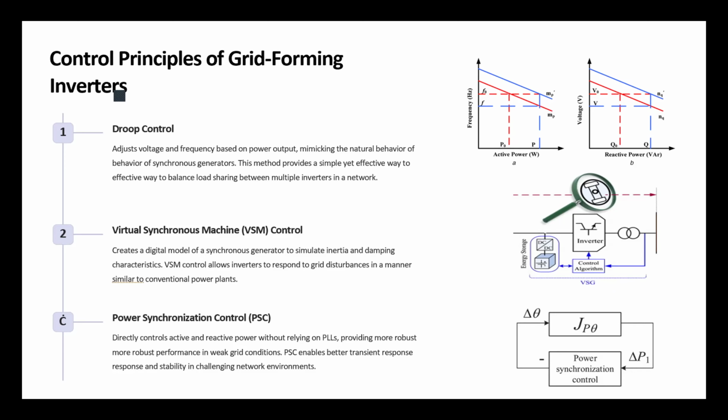In VSM, virtual synchronous machine, what we do is we replace the model of an inverter and try to define the dynamic of a grid forming inverter similar to the formula of the rotary machine. In a rotary machine, we have a differential equation that defines the mechanical behavior regarding how to control power, phase, and speed.